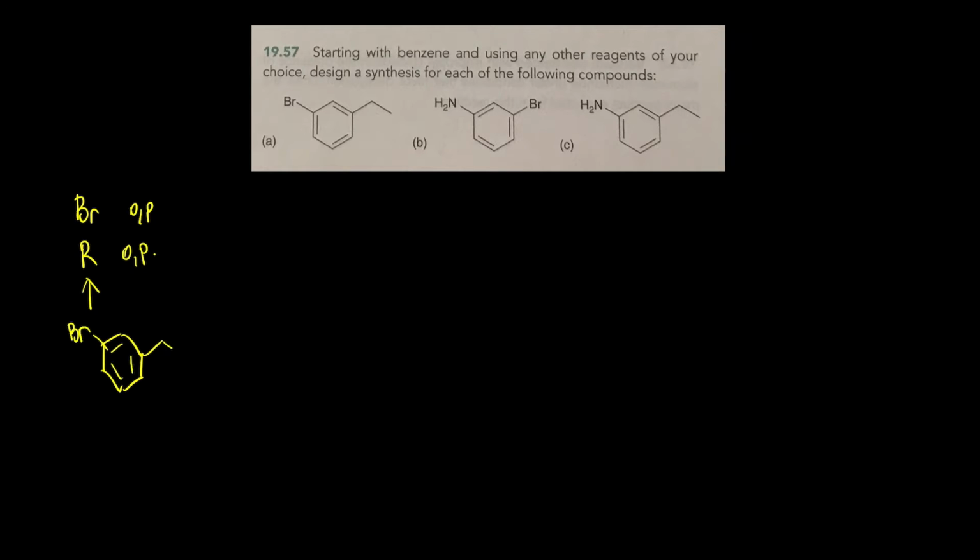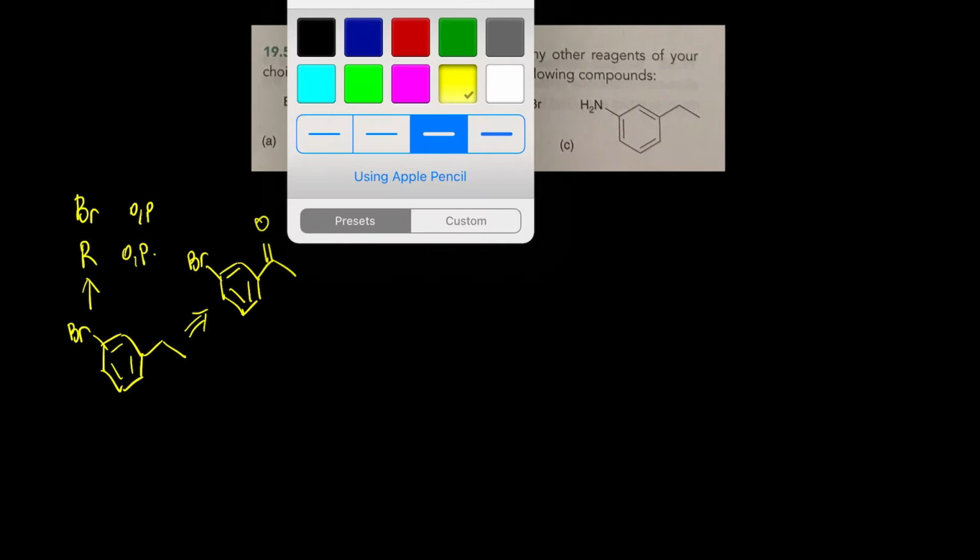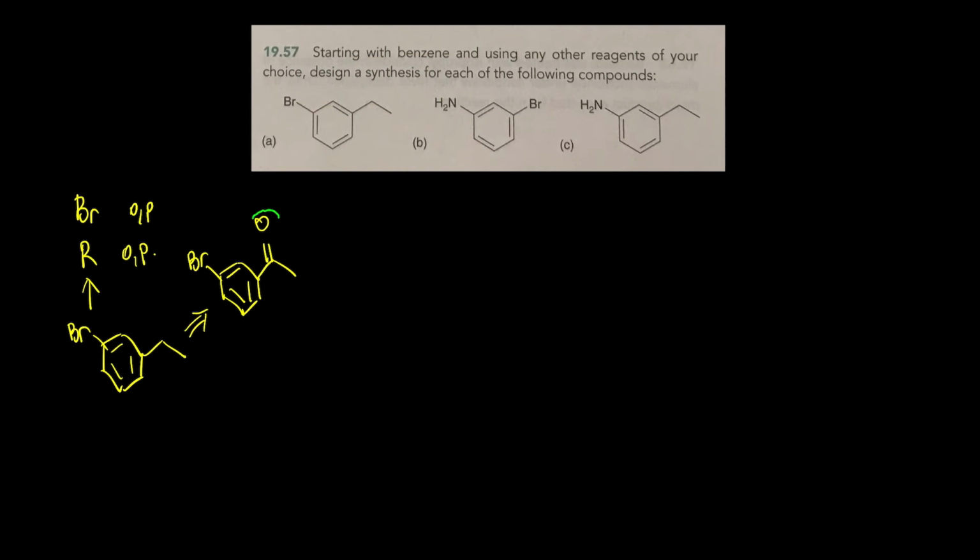So we can imagine that this molecule could possibly come from a ketone, where we have a carbonyl right next door to the aromatic ring. And you see this guy here is a meta-director, so that's going to be your trick here.